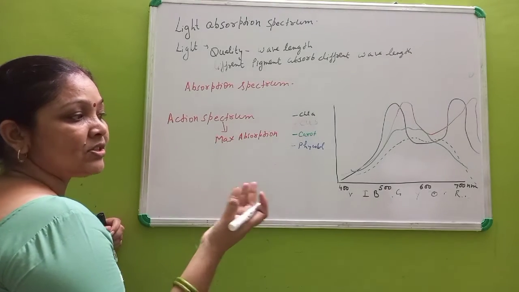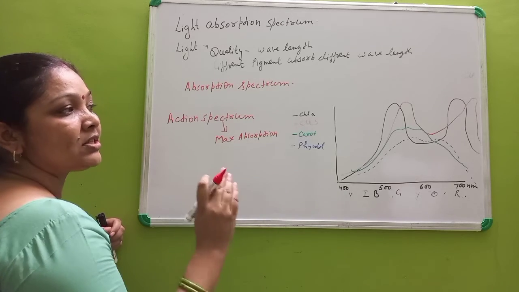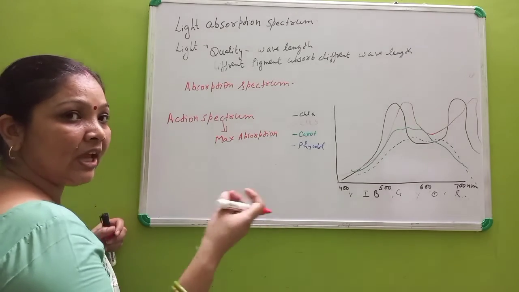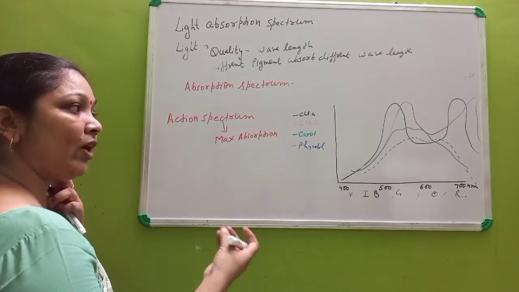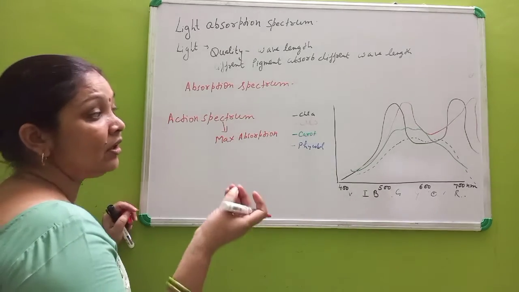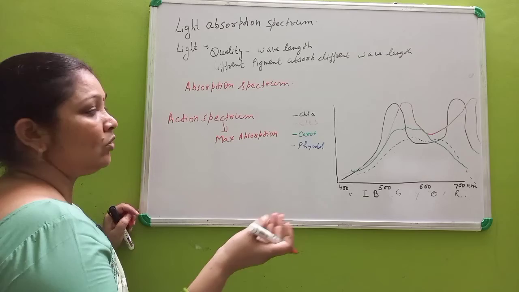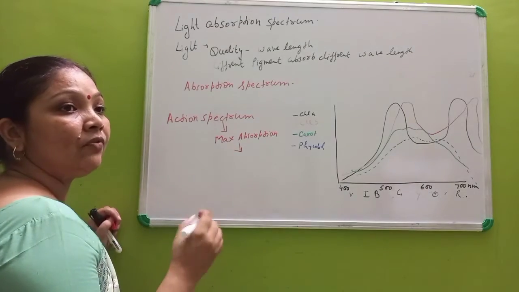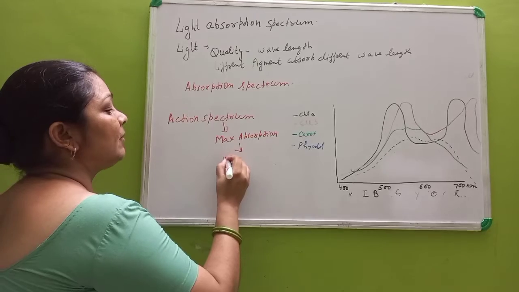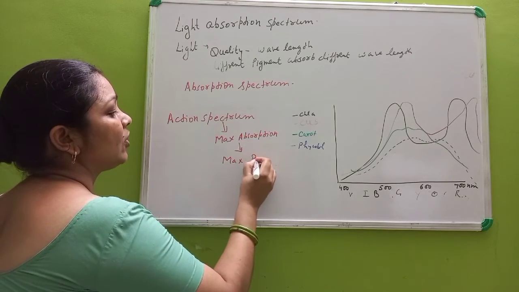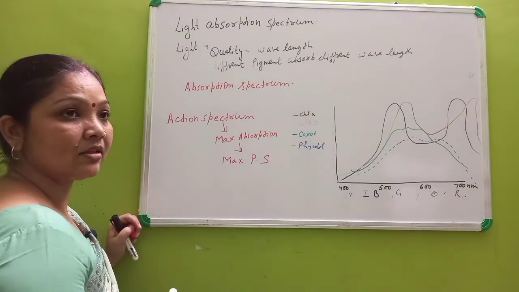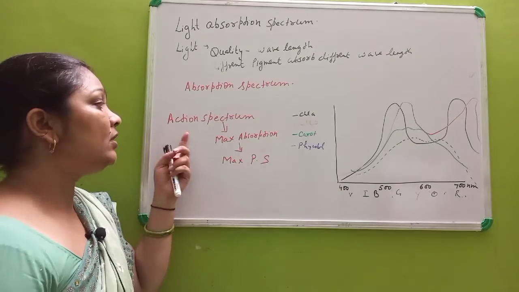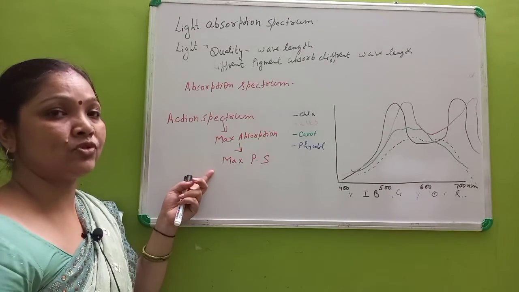For A it is blue and red, for B it is away from red and blue, for carotenoid it is between green and yellow, and for phycobilin it is also between green and yellow. And if there is maximum absorption, then there will be maximum photosynthesis. Okay, that means where the light is absorbed maximally, there will be the maximum photosynthesis.